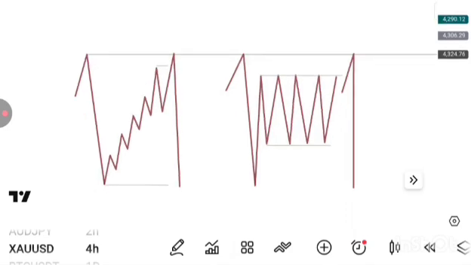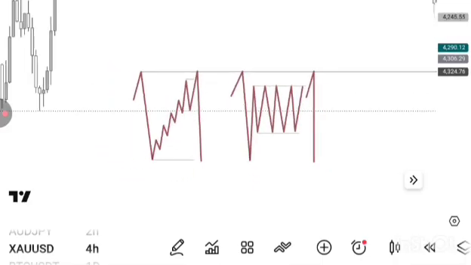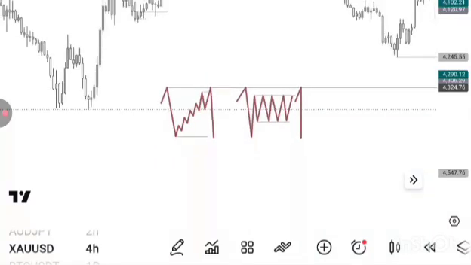You want to see price range in between your key level and the external liquidity, right? But you don't want to see price react from your key level first of all, right? So you mark your range high, your range low, you see price take the range high, then target the range low or the external liquidity.